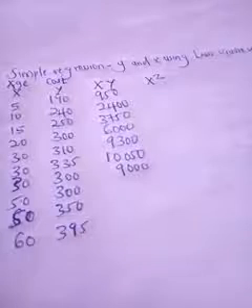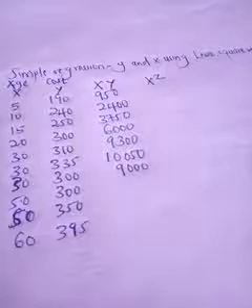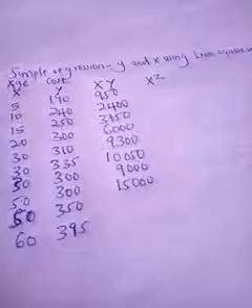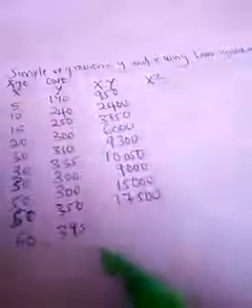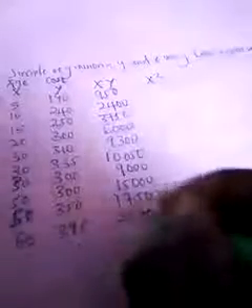Then 50 by 300, you get 15,000. Then 50 by 350, you get 17,500. Then 60 by 395, you get 23,700. You put it down there.